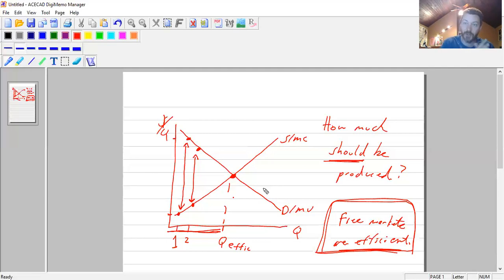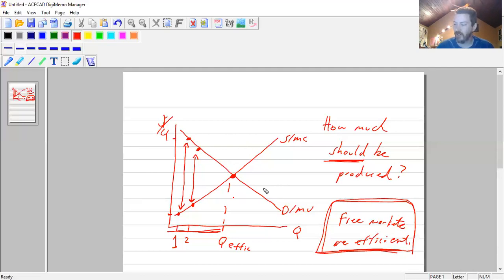Later we'll of course talk about what happens if we don't have good information, what happens if we don't have price-taking behavior, well, let me back up, what happens if we do have externalities. Then we can talk about situations that deviate from this baseline classic case. But for now, this is where we get the idea that free markets are efficient.